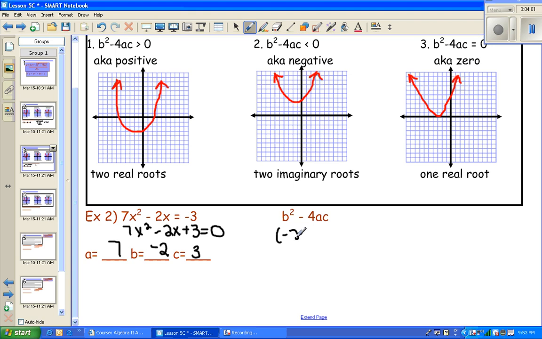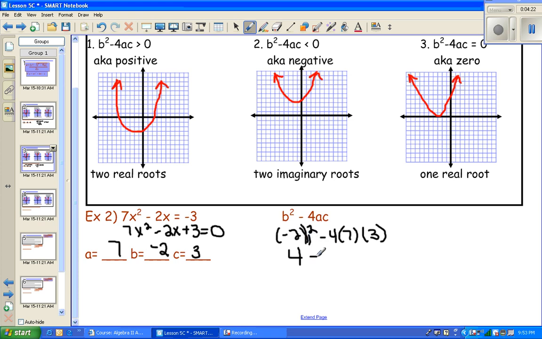So we plug in our a, b, and c into the formula. B squared minus 4 times a times c. Negative 2 squared is 4. Make sure when you put the b in there that you put it in parentheses. We've talked about that before.